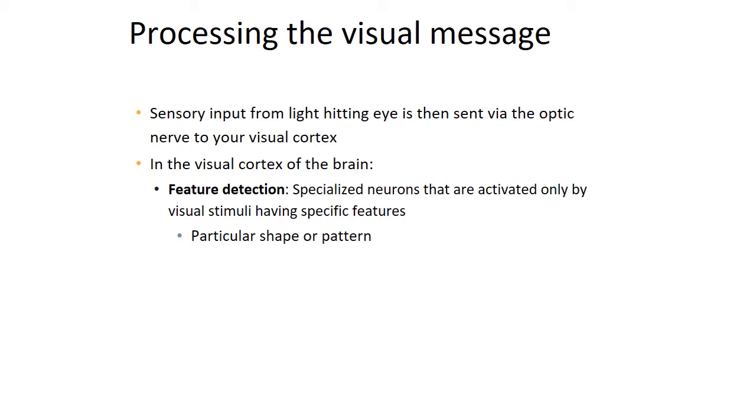Our example of prosopagnosia with our lady that used to be a firefighter, she had damage to this area of her brain. So even though her vision was fine, when it came to perception, she could not process that information because those neurons in that area were damaged. There are particular shapes or patterns that specific areas of the brain in your visual cortex will respond to.